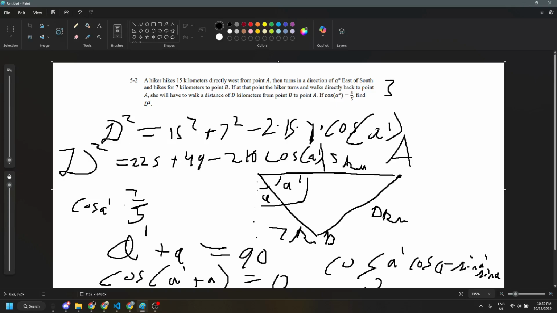So we have 3 squared plus x squared is equal to 5 squared. So 9 plus x squared is equal to 25. X squared is equal to 16. X is equal to 4.